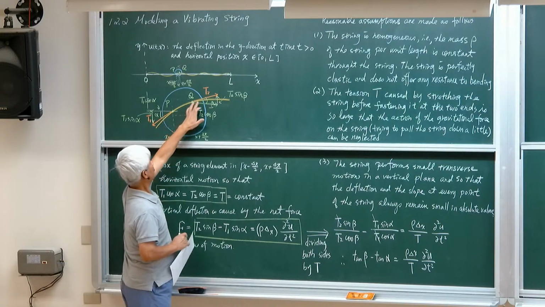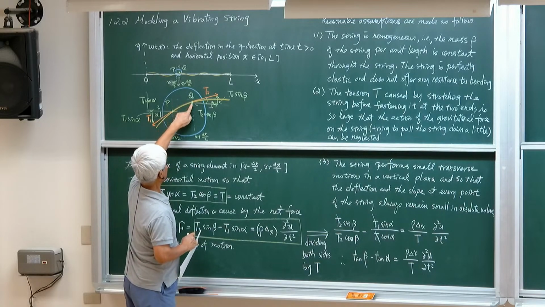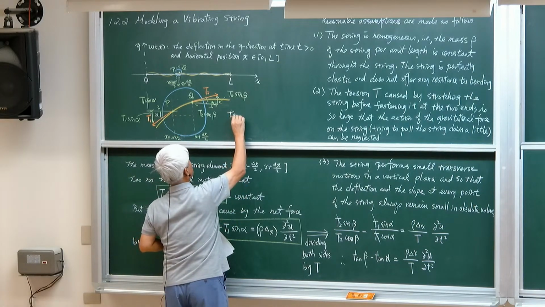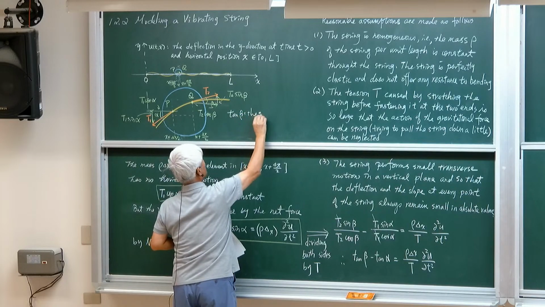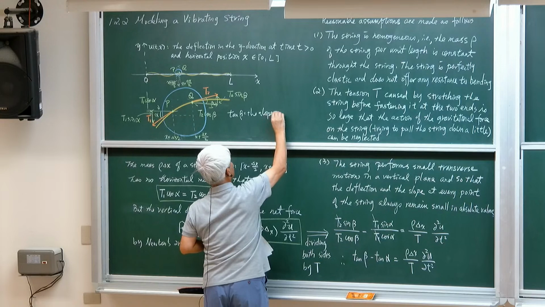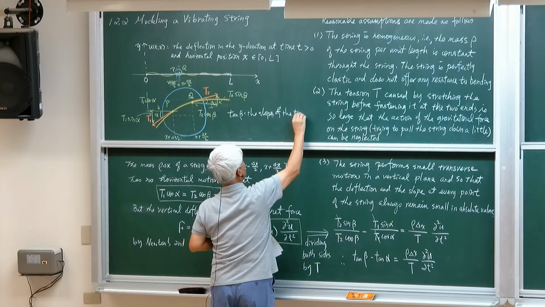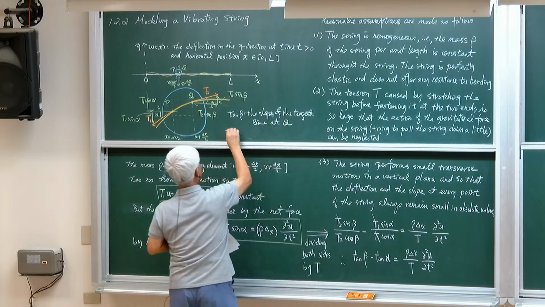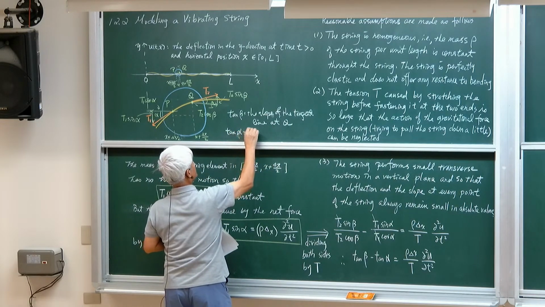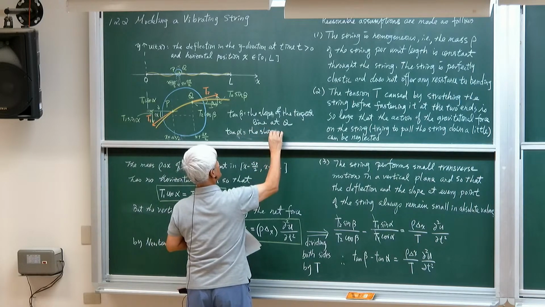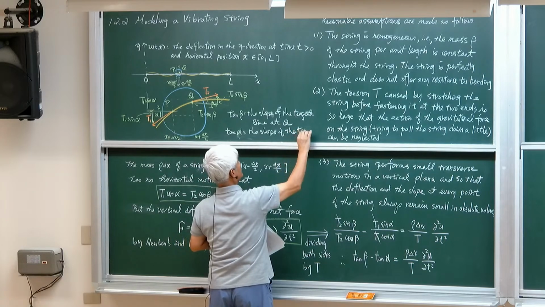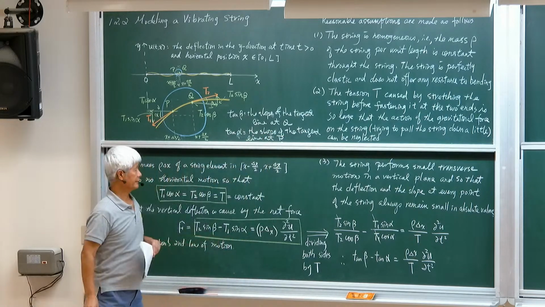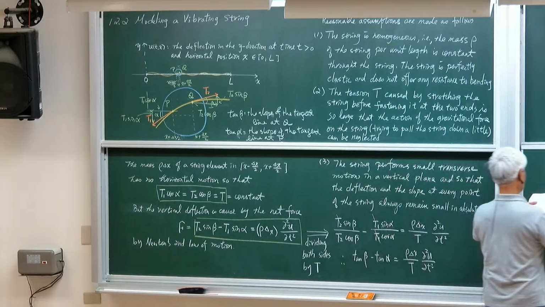The slope of the tangent line at the point Q. So this tangent beta is the slope at Q, and the tangent alpha is the slope of the tangent line at the point P.